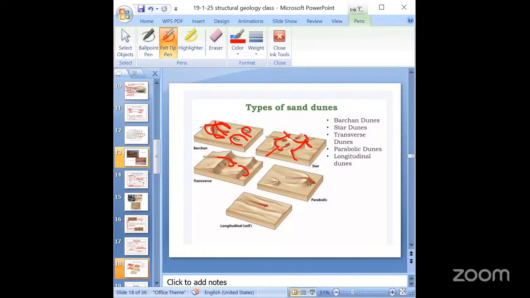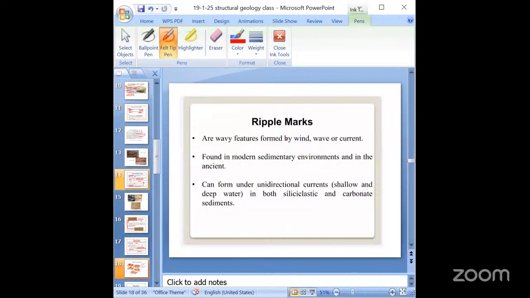It means it's the opposite of barchan dunes, right? This one. And next, longitudinal. Longitudinal means like this, light wavy dunes. Okay, these are some types of sand dunes.